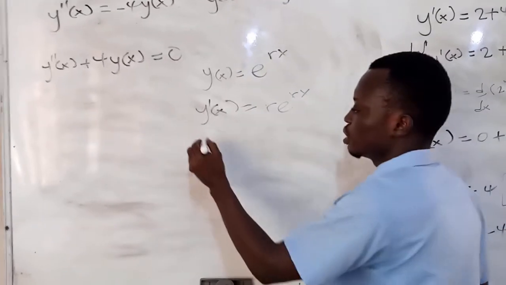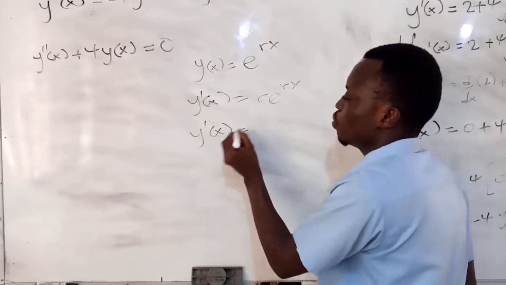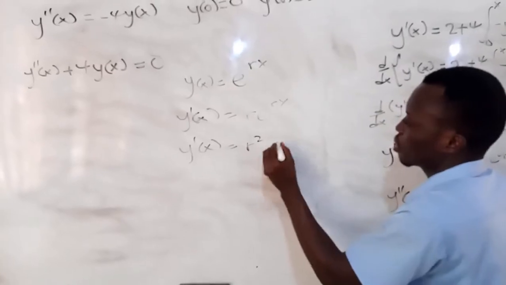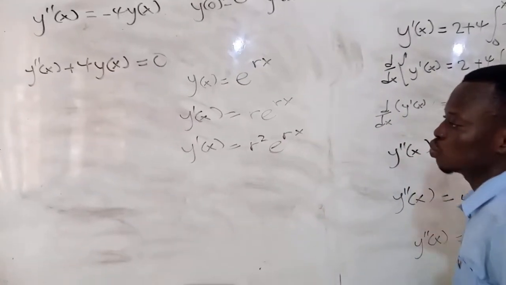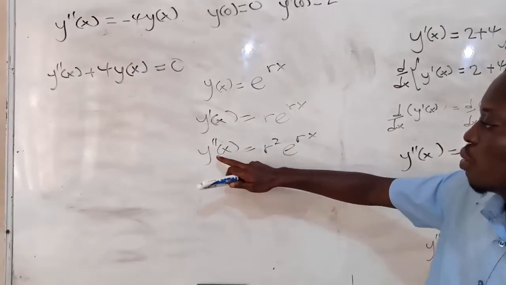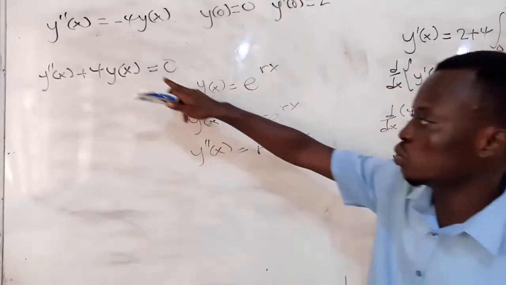Then our second derivative is going to give us y''(s), because if we differentiate, we are going to get r times r, which becomes r squared, so r squared e^(rs). So we need to substitute y'' and y(s) into this equation.